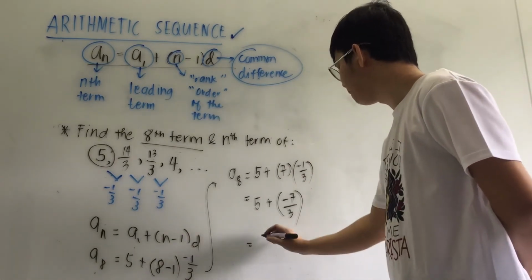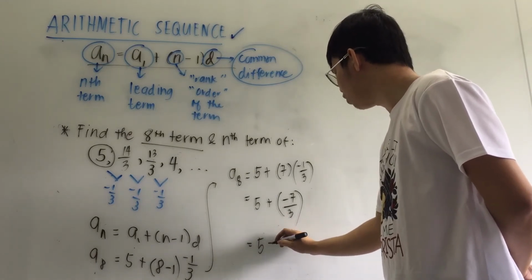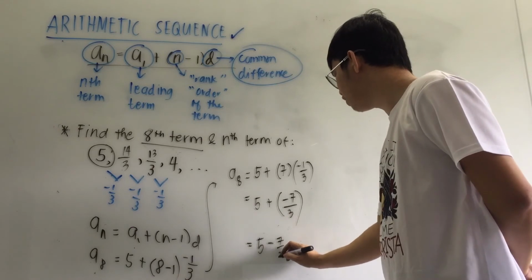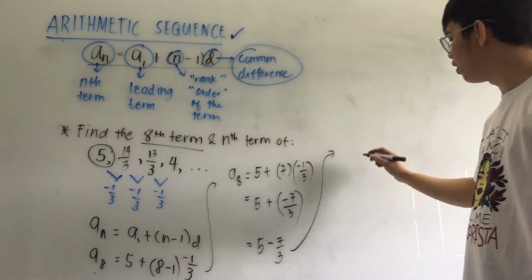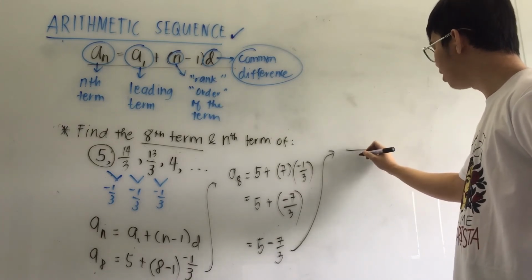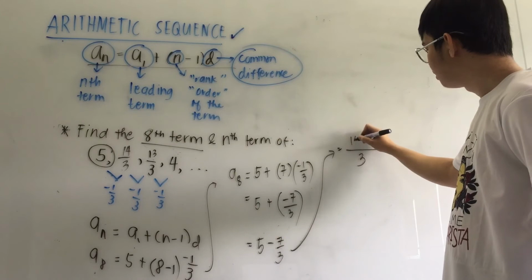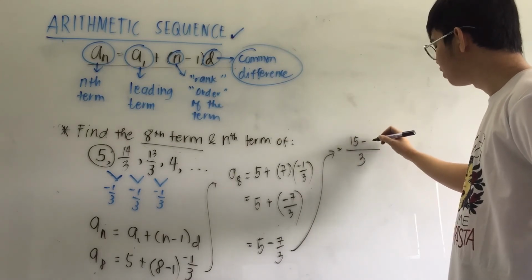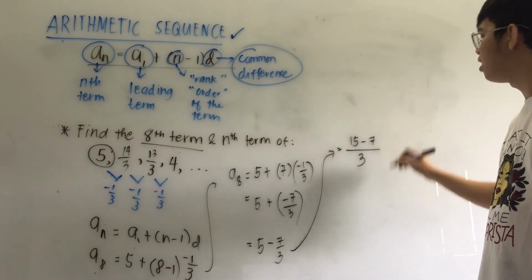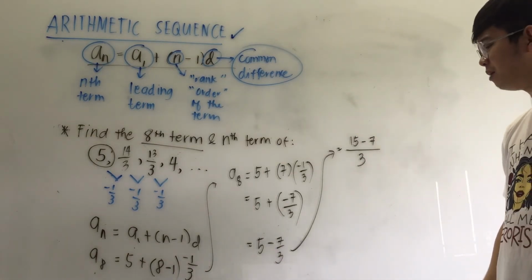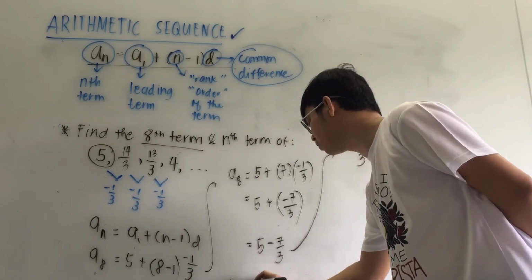Okay, so you can see we'll be having 5 plus negative 7 over 3, which will give you 5 minus 7 over 3. Just have this here. Therefore, if we have an LCD of 3, that's 15 minus, 5 times 3 is 15. 15 minus 7. Please do me a favor. Recall your fractions.